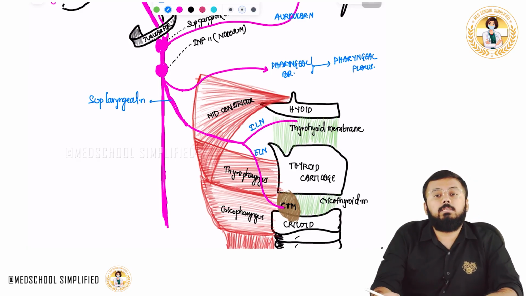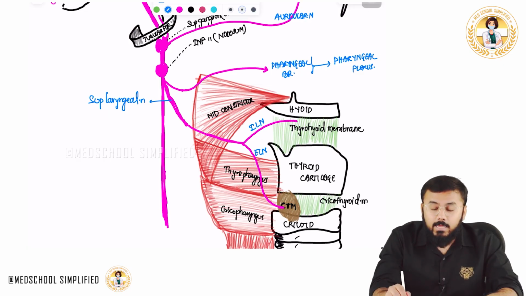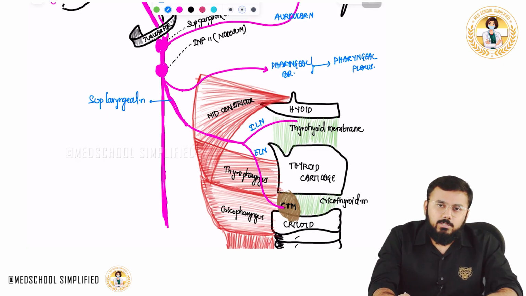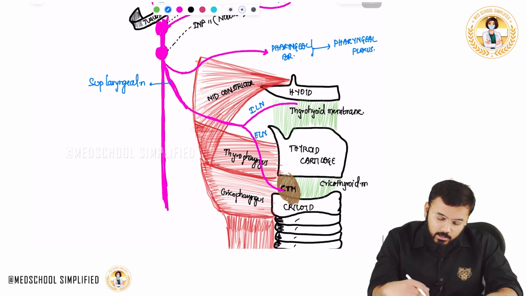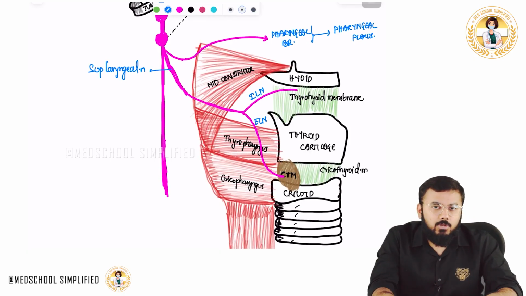ILN is the internal laryngeal nerve, and ELN is the external laryngeal nerve. The external laryngeal nerve supplies your cricothyroid muscle. Clear, all of you? Right.